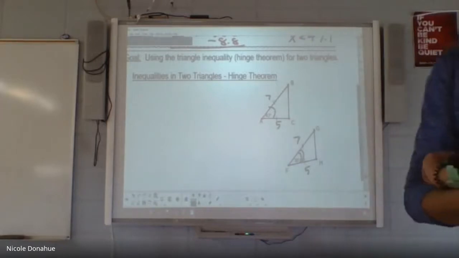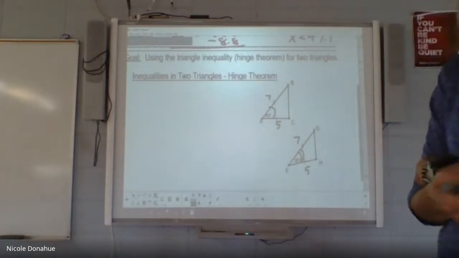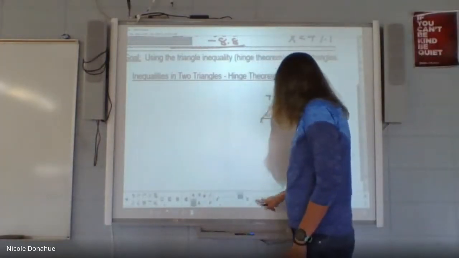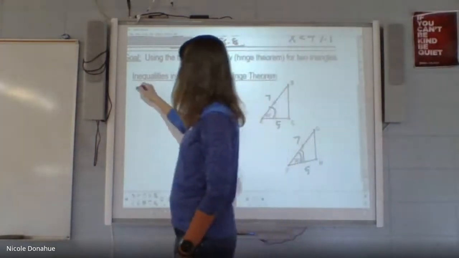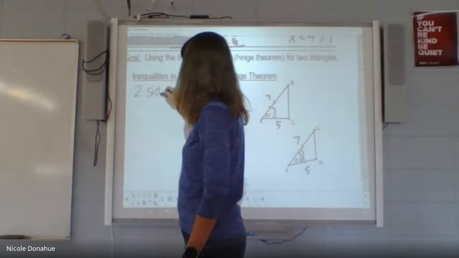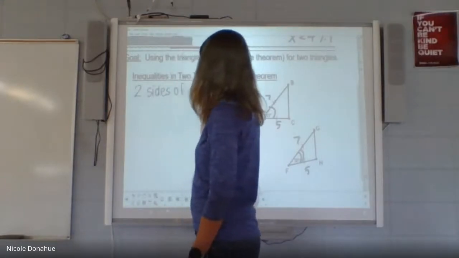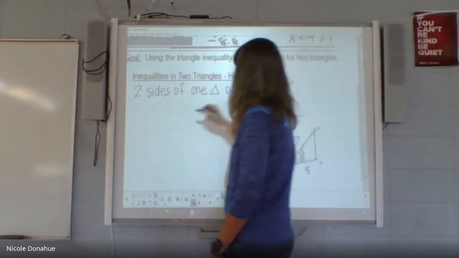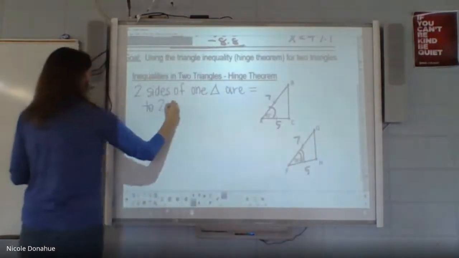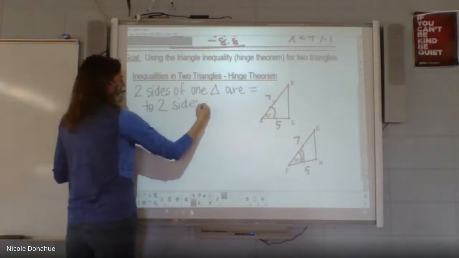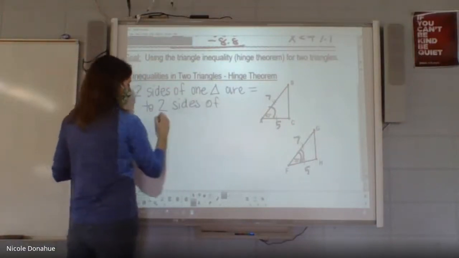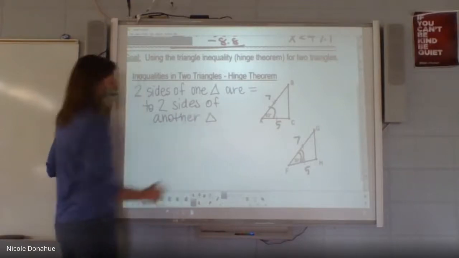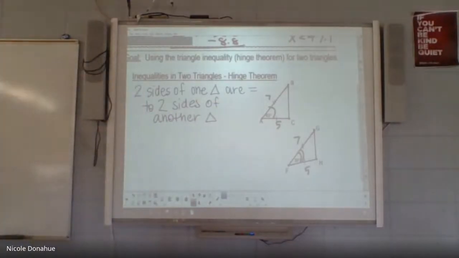However, if two sides of one triangle are congruent to two sides of another, we have these two equal sides.